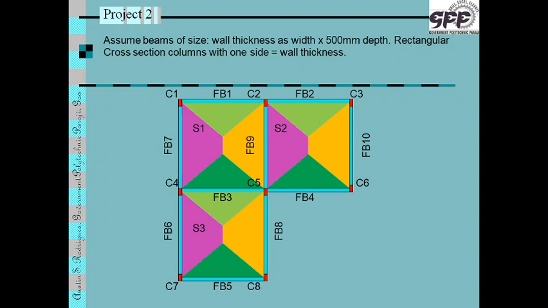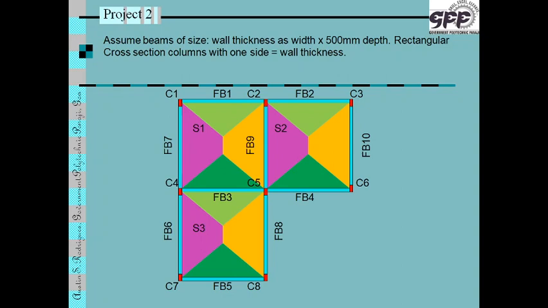The loads coming from the slabs would be due to slab S1 and S2. Slab S1 as a trapezium will also contribute to FB9. Slab S2 also will contribute to FB9 as a trapezium. So the load coming on FB9 will be because of the slabs S1 and S2 and its own self weight.